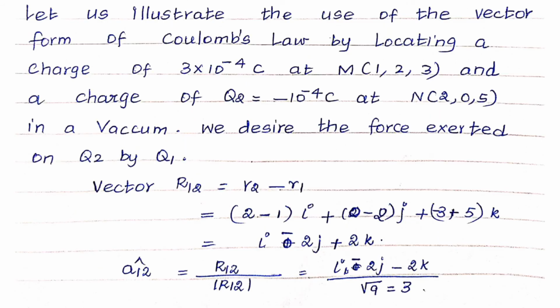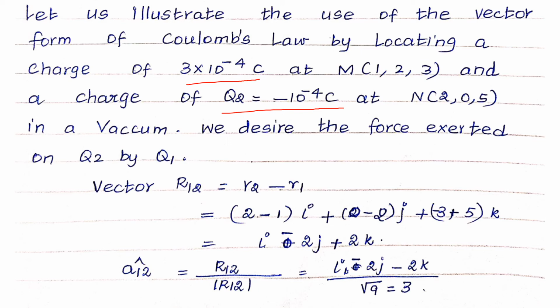Okay, next see the problem. Let us illustrate the use of the vector form of Coulomb's law by locating a charge of 3 into 10 power minus 4 coulomb at M of 1, 2, 3. This is the location. And the charge Q2 is located at N of 2, 0, 5 in a vacuum. We desire the force exerted on Q2 by Q1.